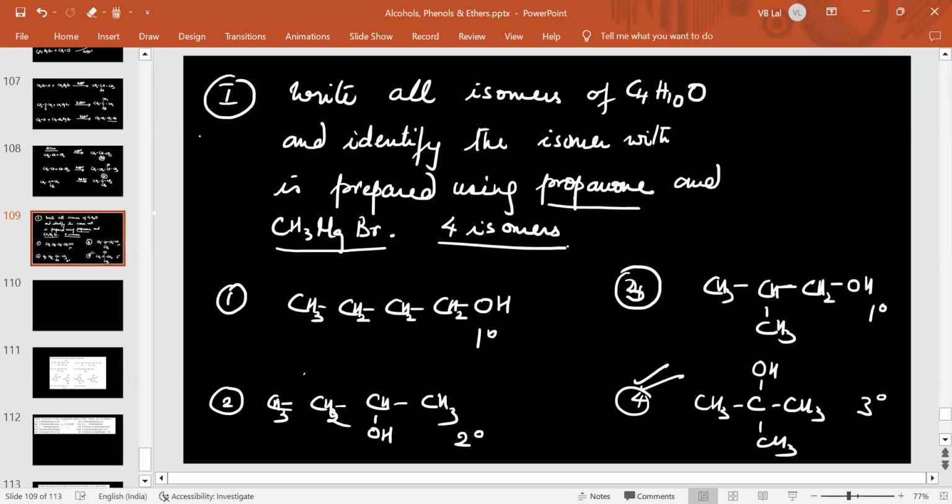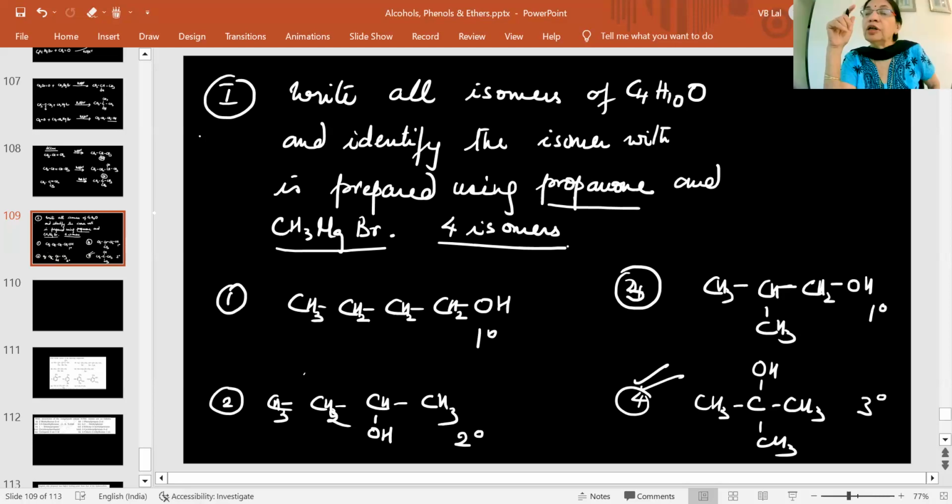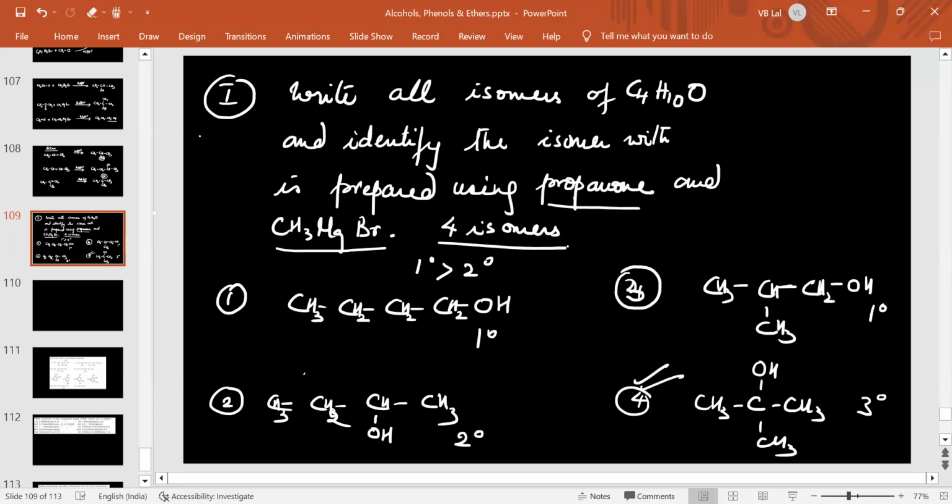Ma'am, I have a doubt. For tertiary alcohols, does the boiling point increase or decrease? See, in these isomeric alcohols, the straight chain one, the first one, will have the highest boiling point. Then OH in the middle, then this branch.